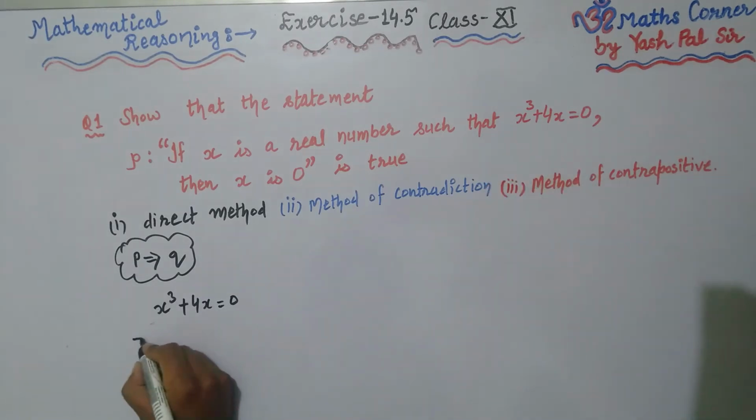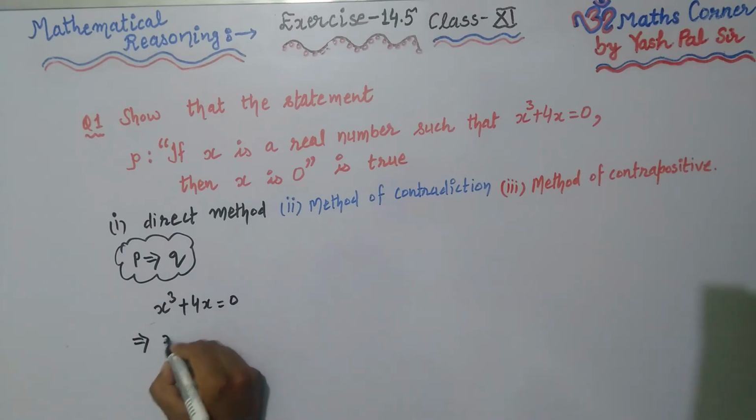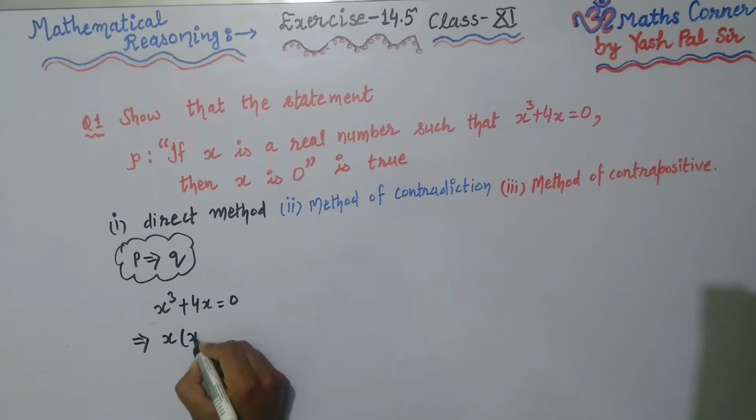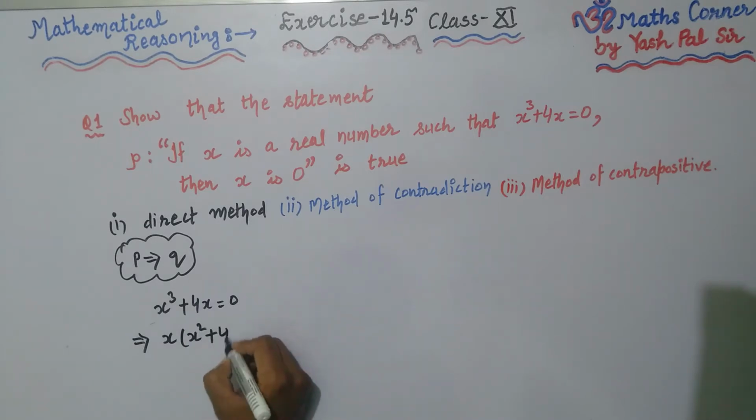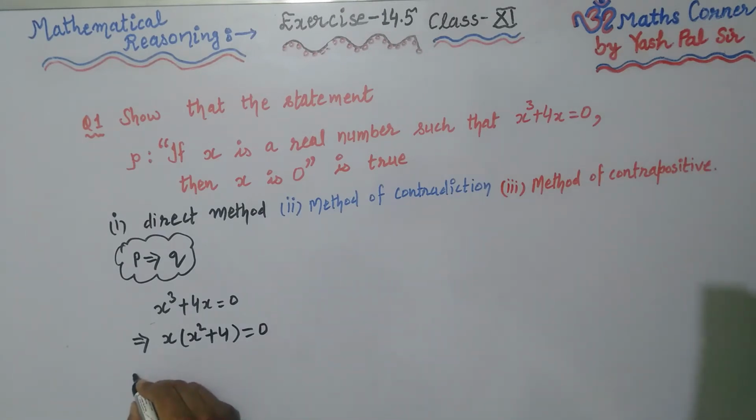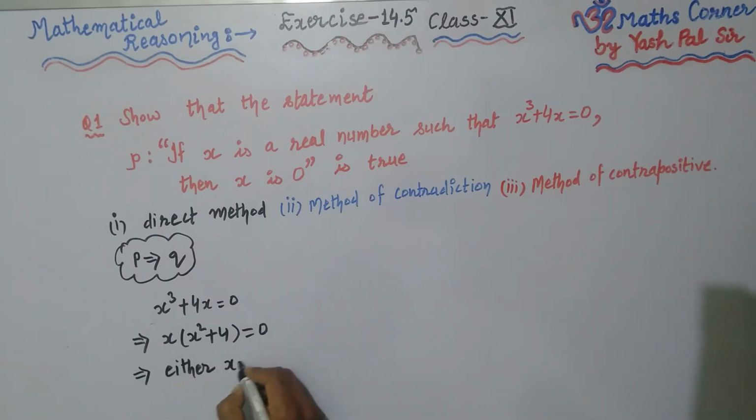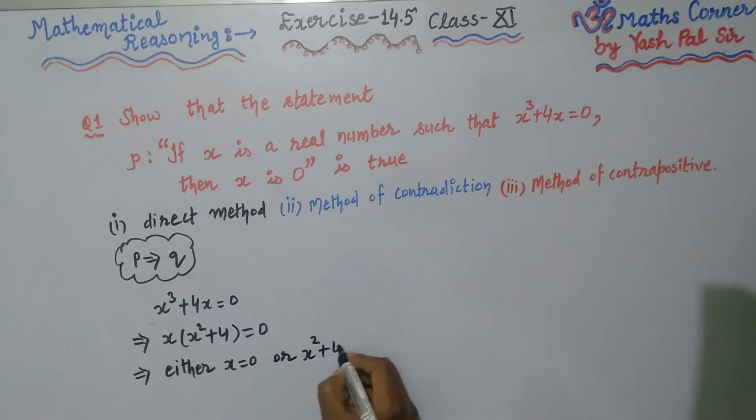So from here this implies x, taking x common, we are left with x square plus 4 is equal to 0, right? Now two things happen. This implies either x is equal to 0 or x power 2 plus 4 is equal to 0.